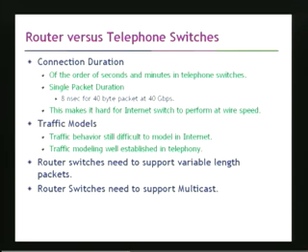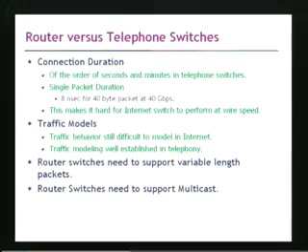There are many traffic models that have been proposed in the literature, but the traffic behavior is still difficult to model. On the other hand, traffic modeling is very well established in telephony. So, dimensioning and designing a switch becomes extremely simple if the behavior of the traffic which the switch is going to handle is very well known. So this is also one of the major differences between a switch used in a router and a switch used to switch connections in a telephone switch.